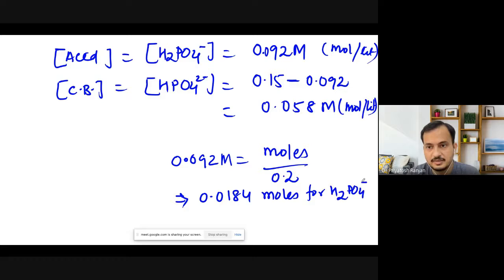Same way I have to calculate it for HPO4 2 minus. Remember, it's a dihydrogen phosphate, and this is a monohydrogen phosphate. So what is the value I'm supposed to get for HPO4 2 minus? It's going to be 0.058 into 0.2.